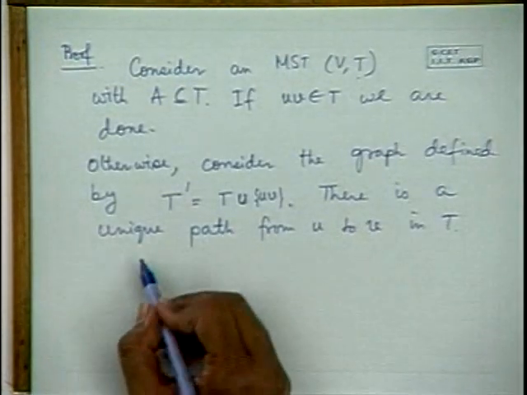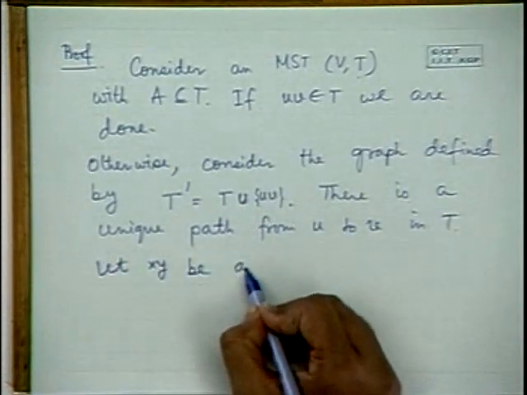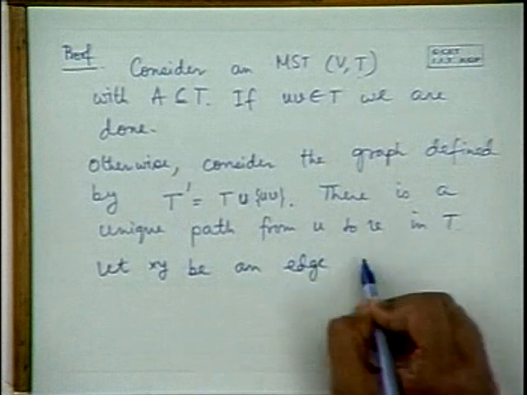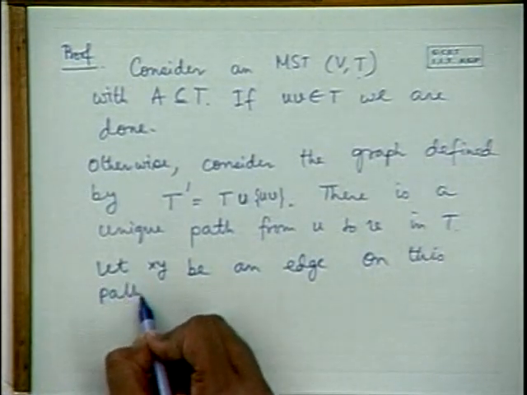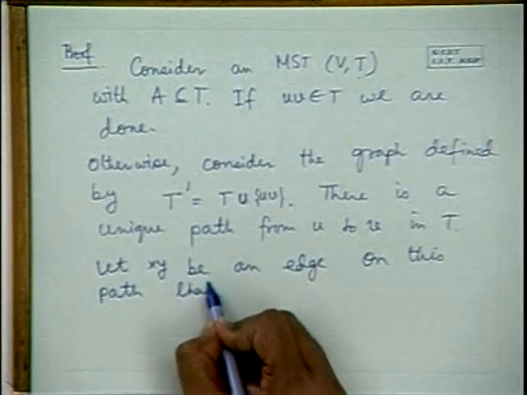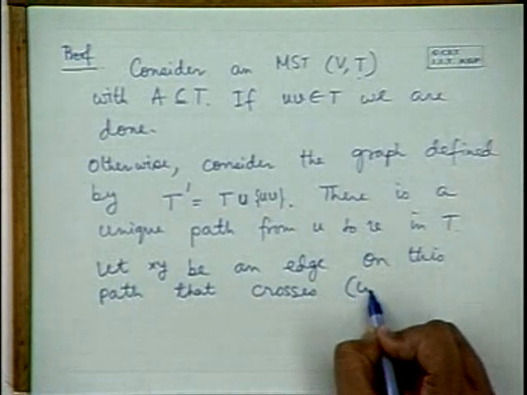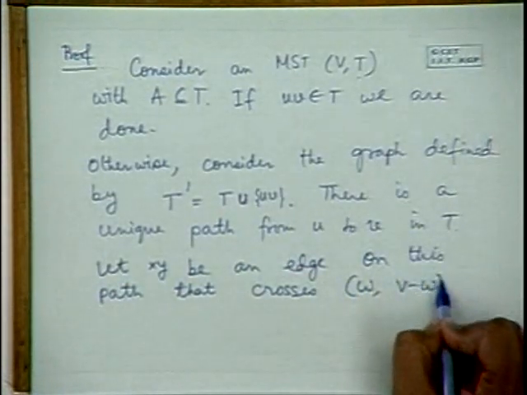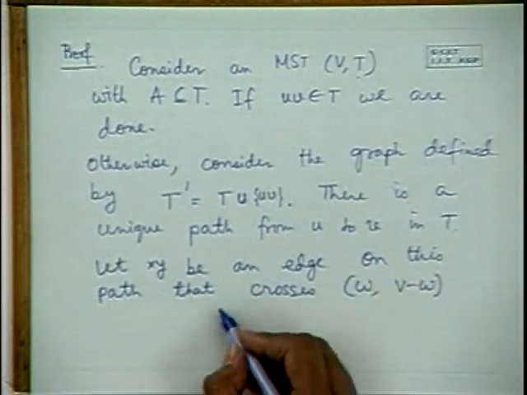So let XY be an edge on this path that crosses the cut W, V minus W. So the picture is something like this.